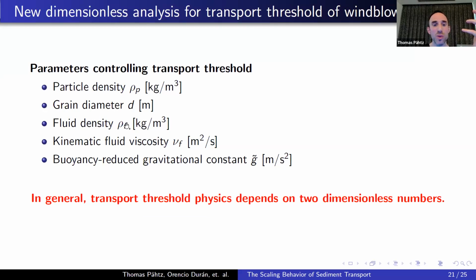This makes 1, 2, 3, 4, 5 parameters involving 3 units. So it has to depend on 5 minus 3, two dimensionless numbers. What we have now achieved is that we reduced these two dimensionless numbers to one dimensionless number, based on very simple and very mild assumptions.